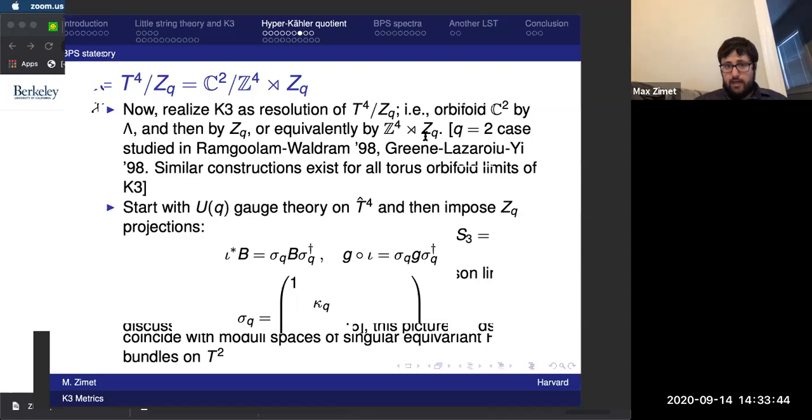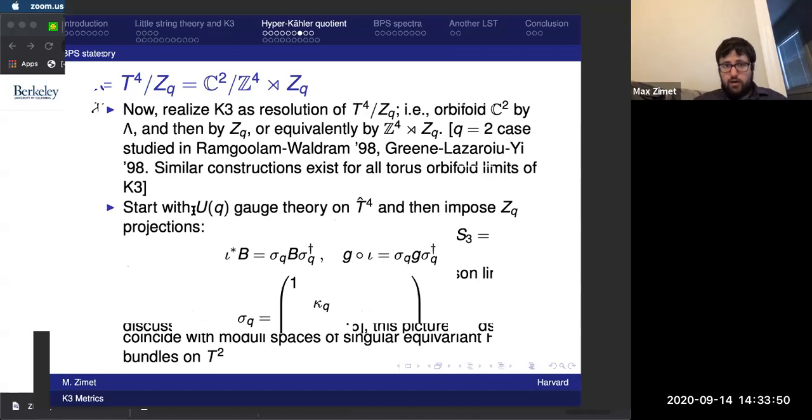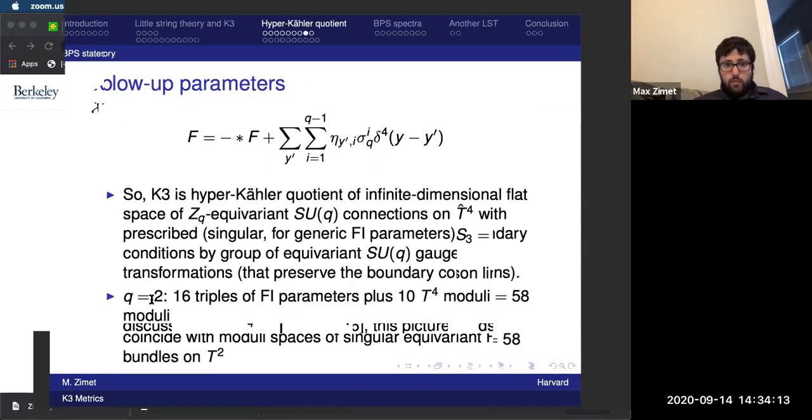These ideas were actually studied back in the 90s. So the idea is just to start with the U(Q) gauge theory on the dual torus that I introduced in the last slide, and then impose some ZQ equivariance conditions. So iota here is just the action of ZQ on the dual torus, and the moment maps, because of those projections, it turns out that these terms are gauge invariant.